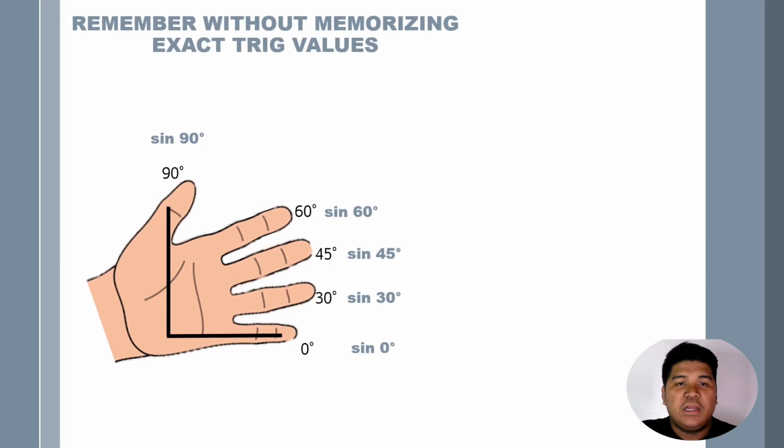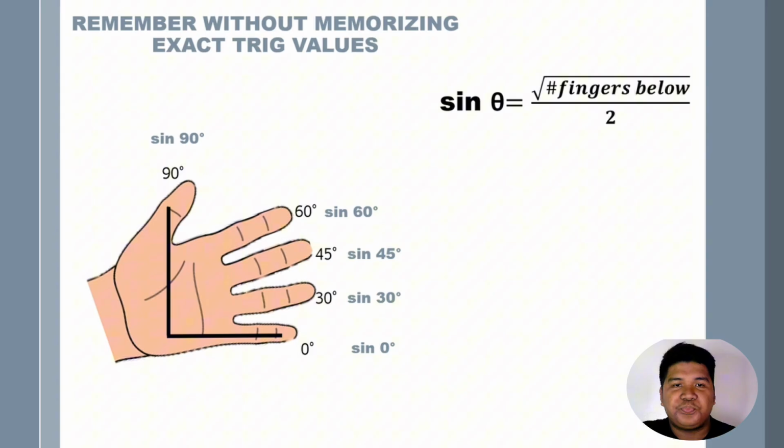First, just for this particular technique, here is the formula. The sine of the angle is equal to the square root of the number of fingers below over 2. For example, if I want to find the sine of 45 degrees, back to the 45 degrees finger, there are two fingers below the 45 degrees finger.